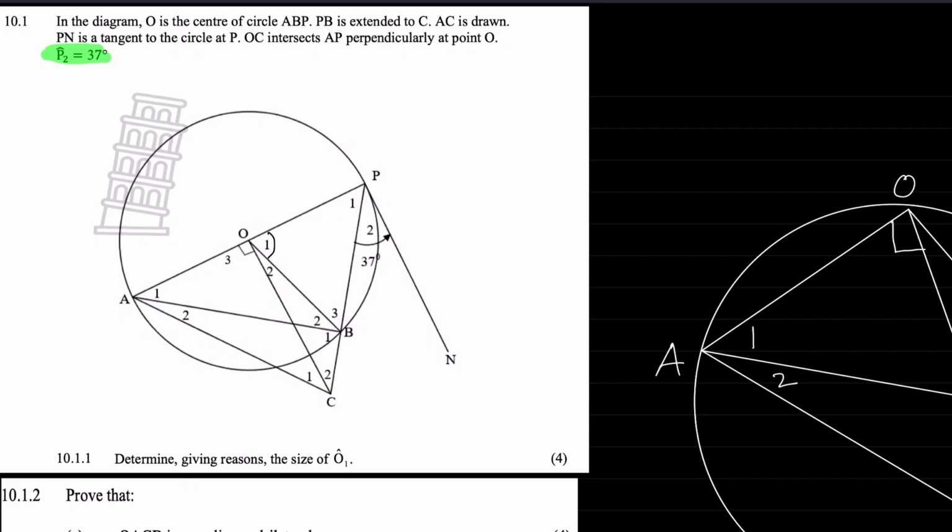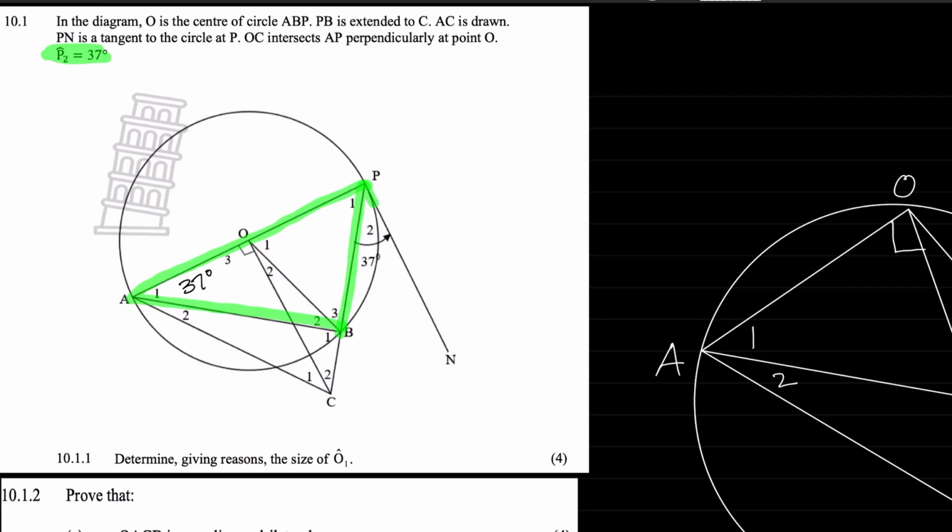Alright. Now, the way that we're going to solve this is first by focusing on this angle right here. That is an angle that a tangent is making with a chord. So we need to look for the tan chord theorem. So the chord is PB, and it's subtending this angle right here, which means that A1 is going to be 37 degrees as well. Now to solve O1, what we need to look for is the angle at center theorem.